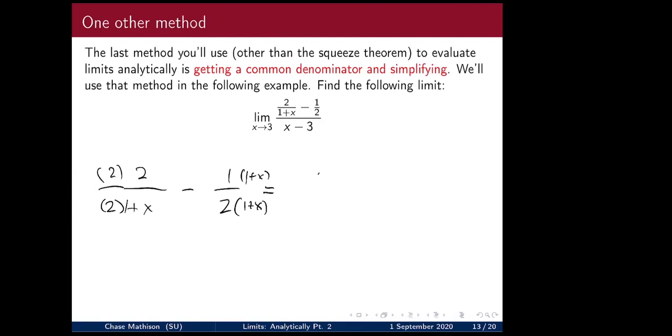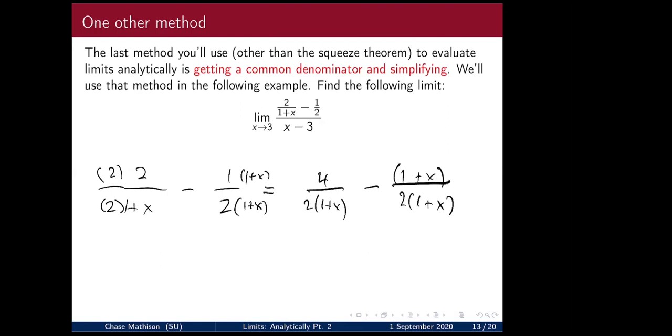So this is going to be 4 over 2 times 1 plus x minus, well, 1 times 1 plus x, so minus 1 plus x over 2 times 1 plus x. I'm going to put this in parentheses to be safe, because that minus really distributes.